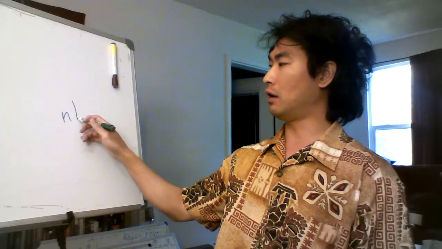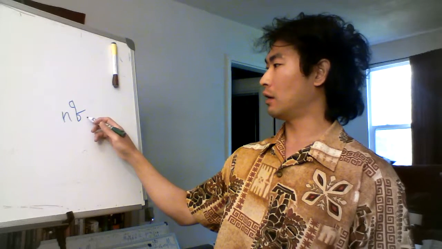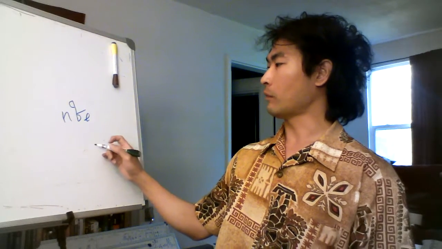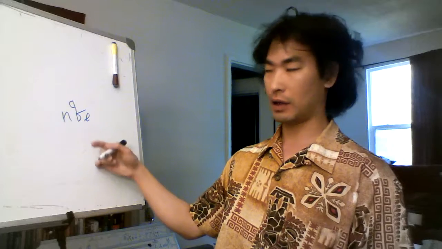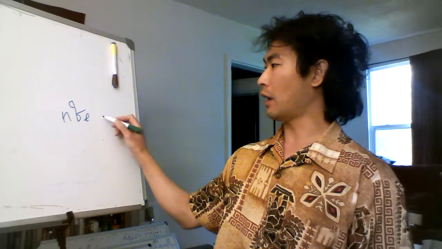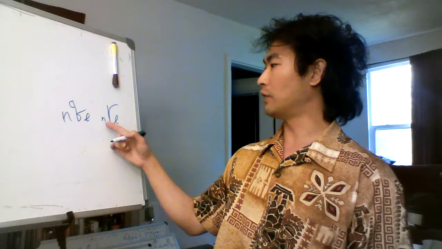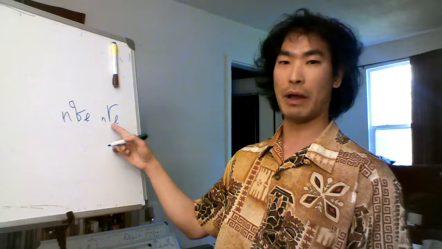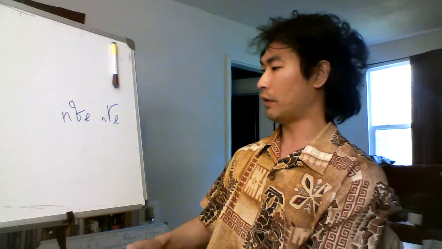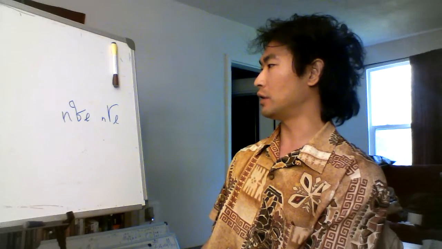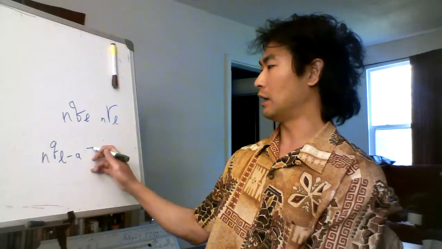Or quotient function first, N Q L. It's the quotient when N is divided by L. And similarly, N R L is, after you divide N by L, what's the remainder? So that's what this stands for. Very simple function. Now, what we are interested in is this: N Q L minus A is what?